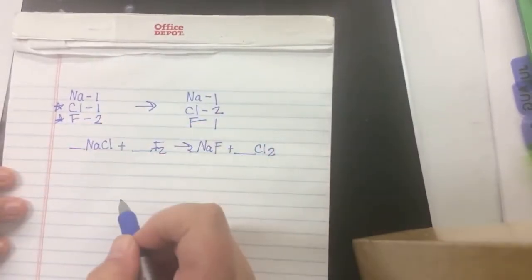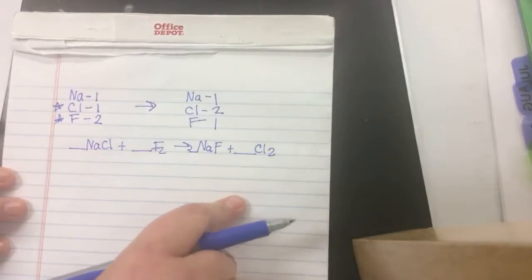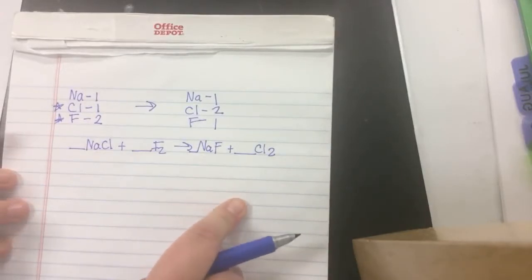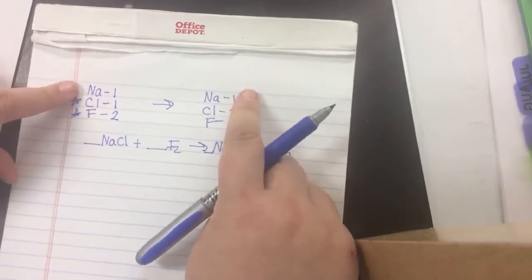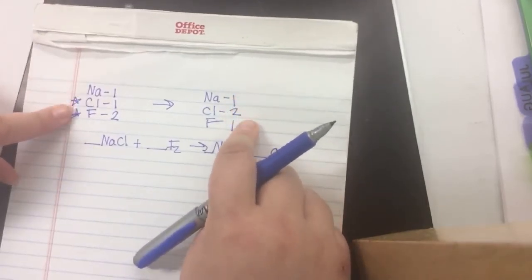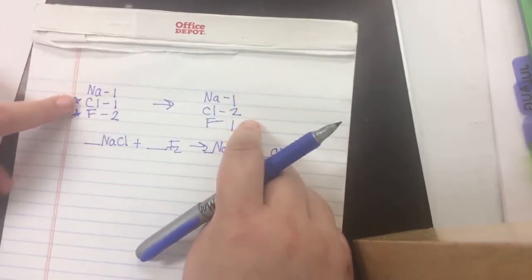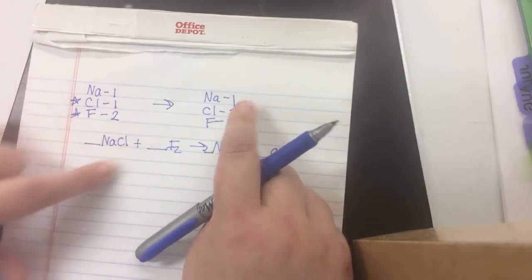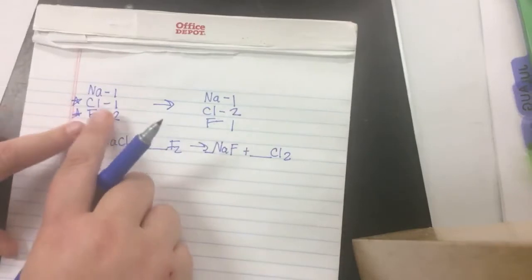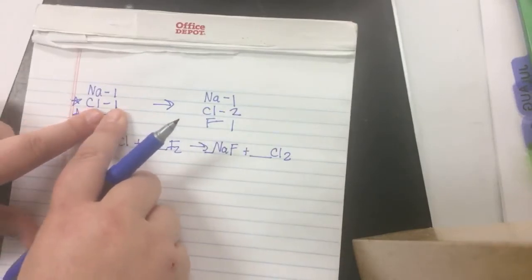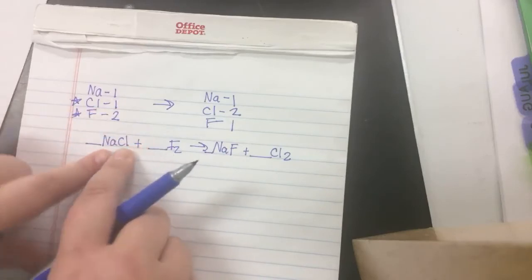What do we need to put in the blanks so that both sides of the equation are equal? Well, we're not going to miss the sodium because they're equal as they are right now. So let's skip those and go to chlorine. I only have 1 on the reactant side, but I have 2 on the product side. So I need to make more on this side. I want to try to get 2, so look for chlorine.